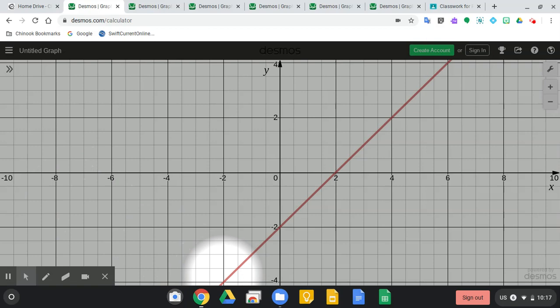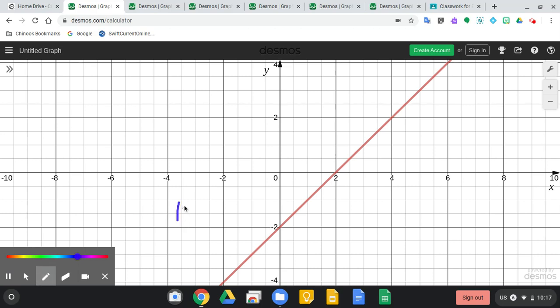So we say that this graph starts in quadrant 3. And as I continue to move to the right, the last time I see the graph up here is in quadrant 1. So when we talk about the end behaviors for this line, we say it starts in 3, ends in 1.